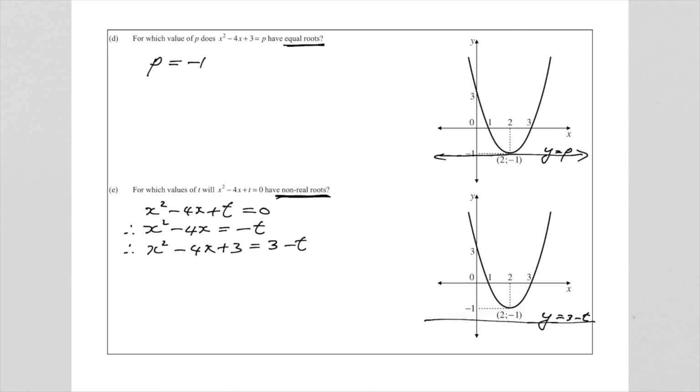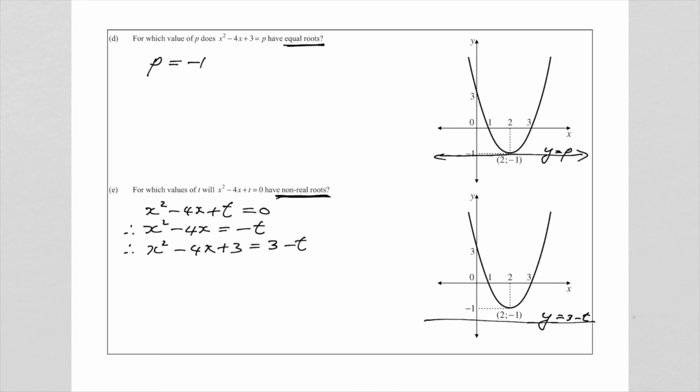So this horizontal line must be less than -1. Because if it is equal to -1, we have equal roots. Above -1, we have two distinct roots. Now we have non-real roots when we draw it below the turning point.